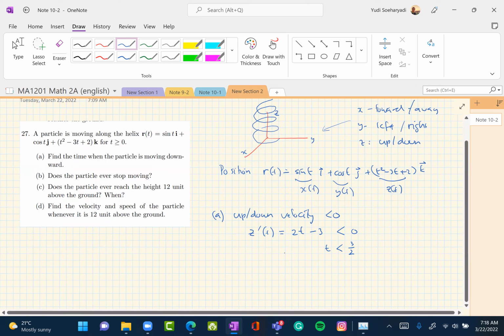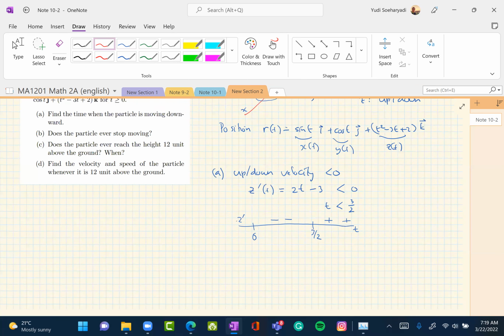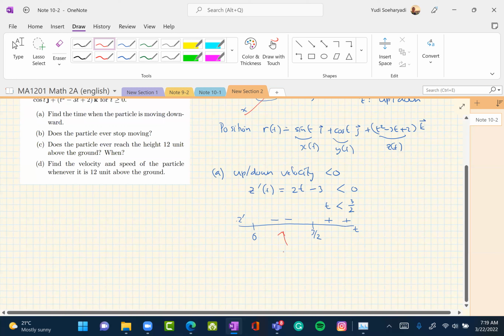Say from t positive. So this is up and down, going down. You check the sign chart. Starting from 0, this is 3 halves. This is going to be negative here, going to positive there. Using this sign, this is going downward and this is going upward.